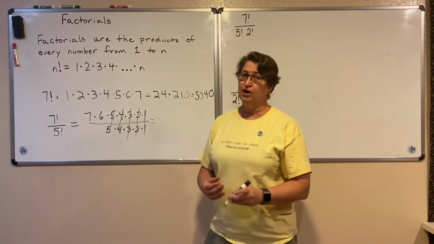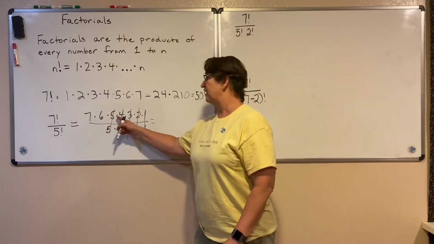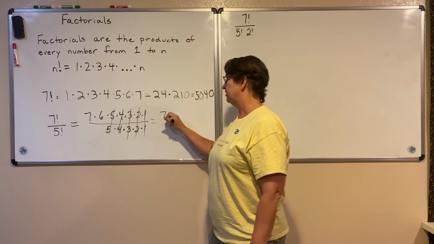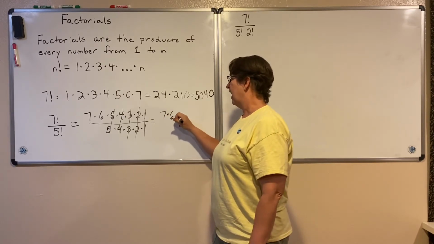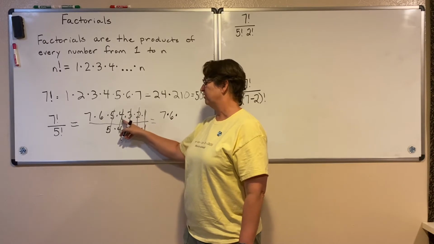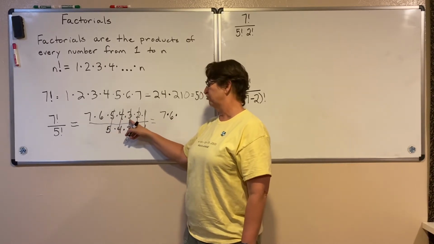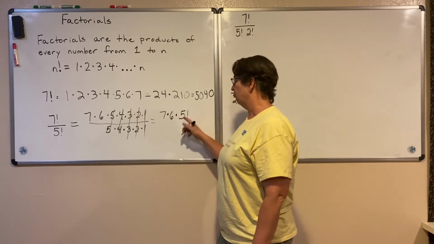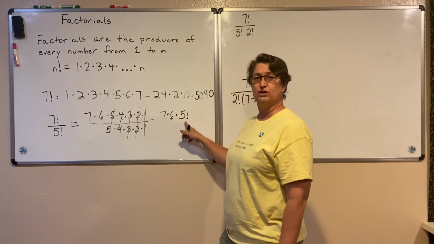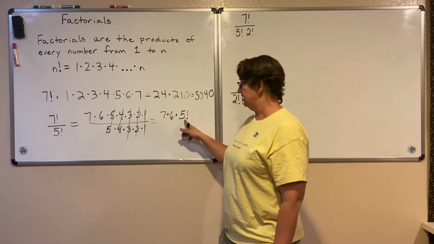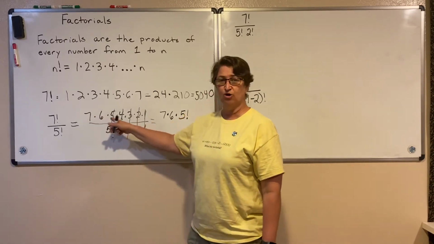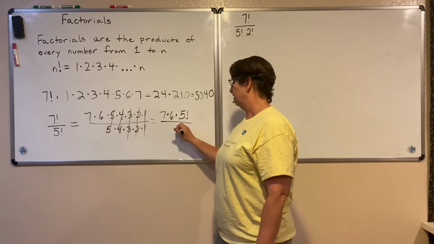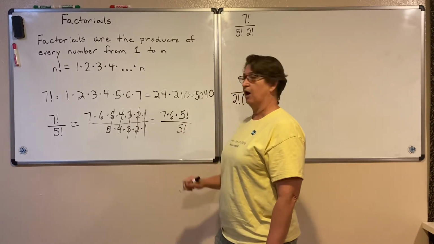But let me show you another way to write this. Instead of writing it all the way out, I could have stopped. I could have written 7 times 6, and then this 1 times 2 times 3 times 4 times 5, or this 5 times 4 times 3 times 2 times 1, I could have written as 5 factorial. This means 5 times 4 times 3 times 2 times 1. This is the same thing as what I had written over there. Now, on bottom, I don't have to write that out. I just have 5 factorial on bottom.